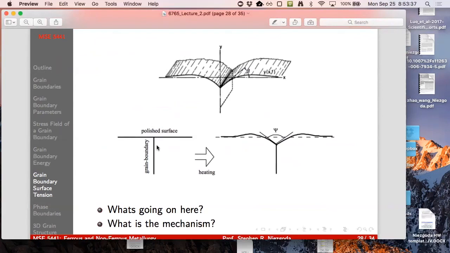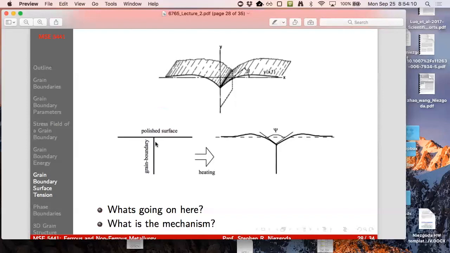Right, this is not in equilibrium, right? Because we're pulling down here. So basically, our mechanism is diffusion, right? So atoms are going to diffuse either across the surface this way, or potentially, depending on the system, down the grain boundary, pipe diffusion down the grain boundary.